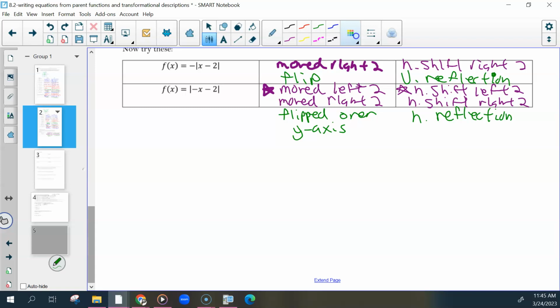What's also interesting is that you could write this a few different ways. So we could write it as how it looks. And it would be graphed the same. We could also write it as if we factored out the negative.